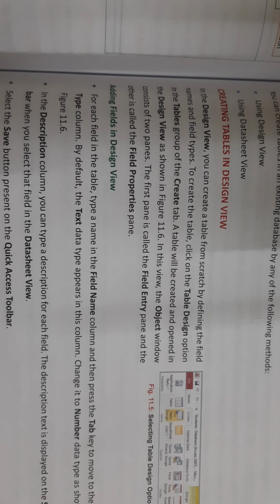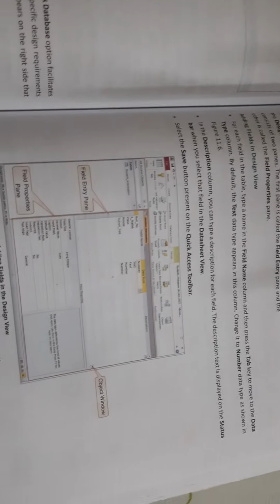On your page 213 it is shown to you. So in this view, the object window consists of two panes. See children, can you see over here, the object window consists of two panes, first pane and this is the second pane. All these things when you do practically, you will understand more properly once you come to the lab. So the first pane is called the field entry pane and the other is called the field properties pane.